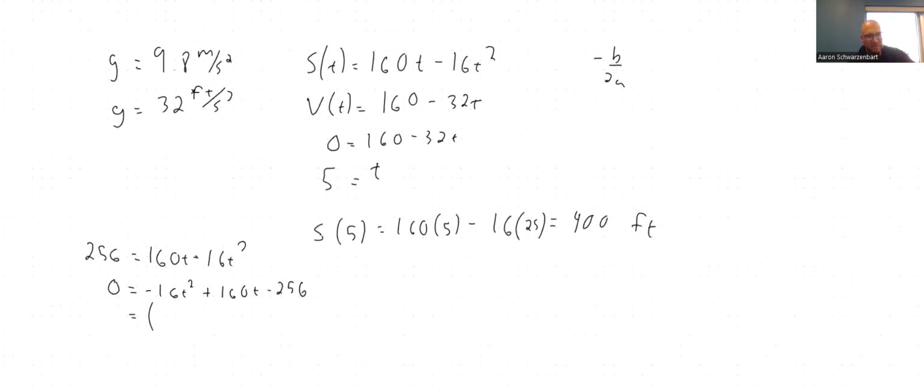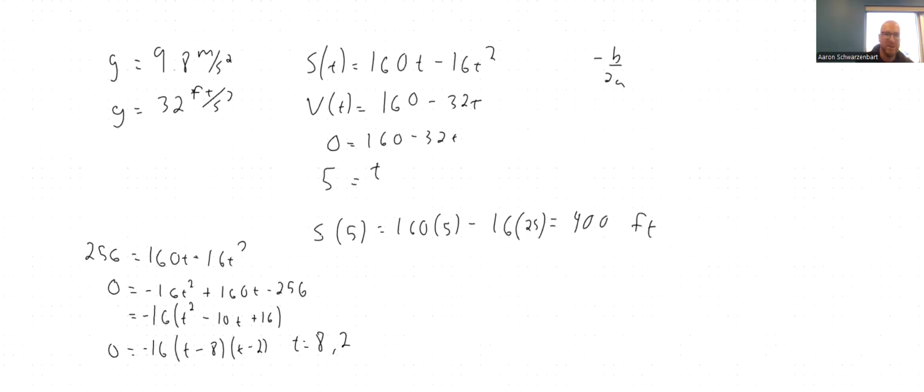Actually, I'm going to factor out a negative 16. And that factors into t minus 8 times t minus 2, meaning my solutions are t equals 8 and 2. So it's at 256 feet at 2 seconds on the way up and 8 seconds on the way down.